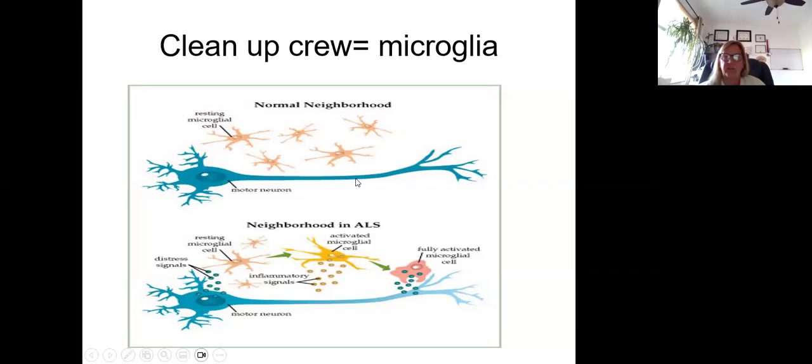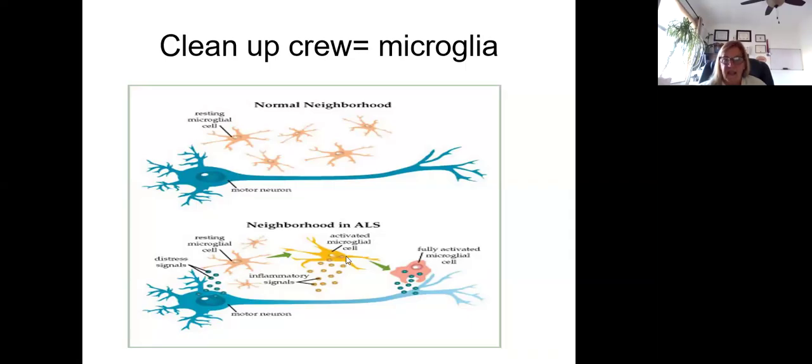Here we have a neuron, and this is normal. And these are just resting microglial cells. They're just hanging out and waiting for some sort of signal. They're saying, let us know when you need us. And then all of a sudden, an inflammatory response starts to happen, and these resting microglial cells activate.